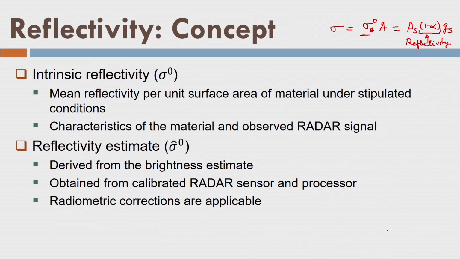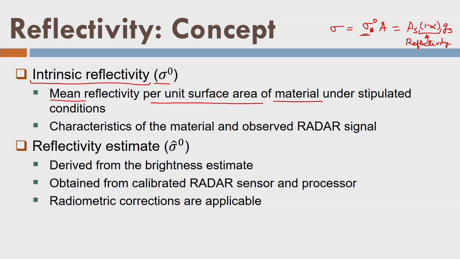Let us understand the concept of reflectivity and how we characterize it, in a sense how it affects the backscatter signal. In order to understand that, let us define the intrinsic reflectivity sigma naught here, which is the mean reflectivity per unit surface area of material under stimulated conditions.